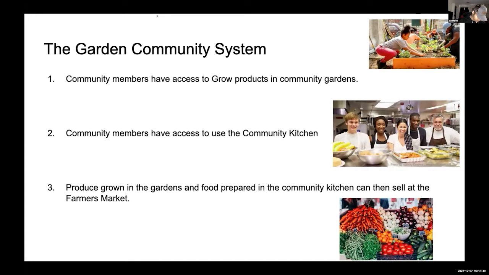This will be a great start. Second is community members have access to use the community kitchen. We can provide a community kitchen for the community to provide social engagement, economic possibilities, and also educational possibilities.